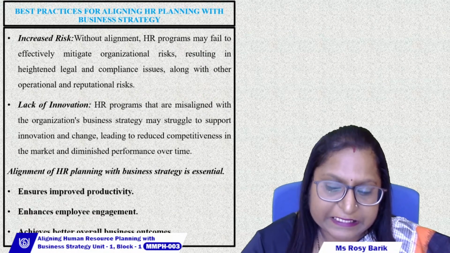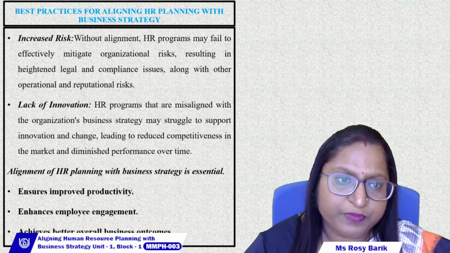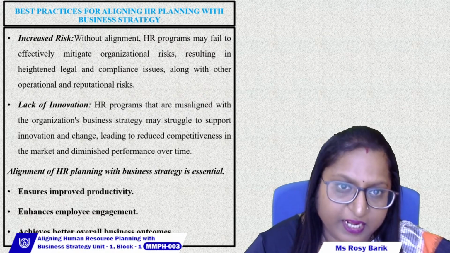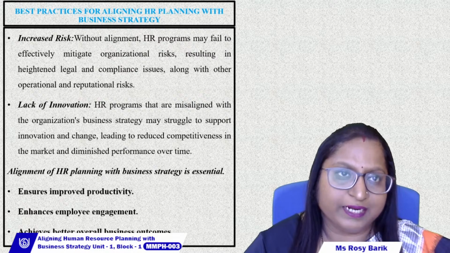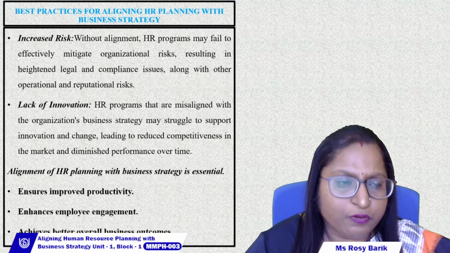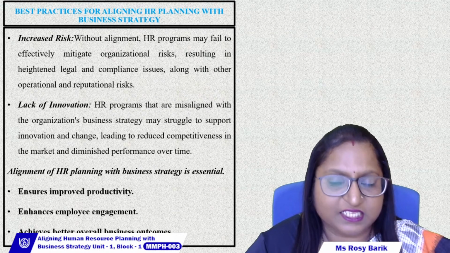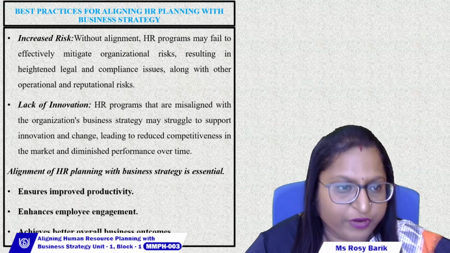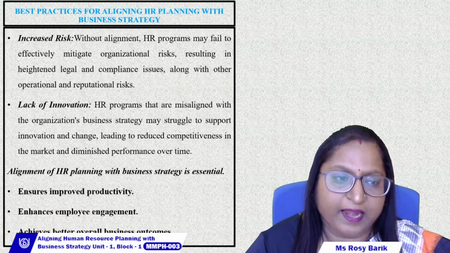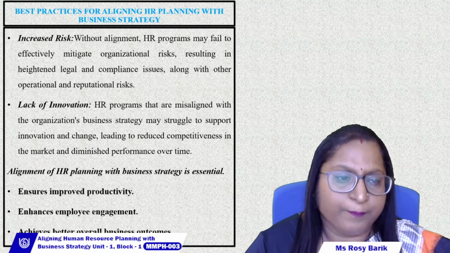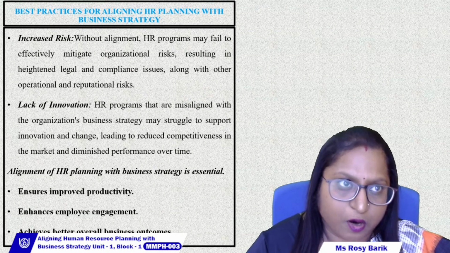We can see that as it is a technological company, innovation is required at every step, so it is essential. The alignment of HR planning with business strategy is very essential, which ensures improved productivity, enhanced employee engagement, and better overall business outcomes.